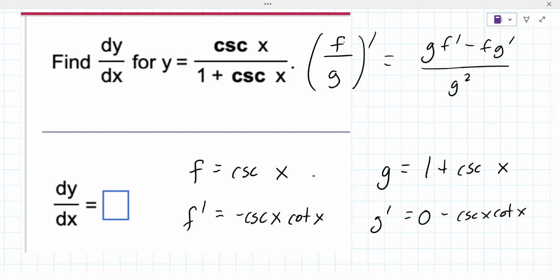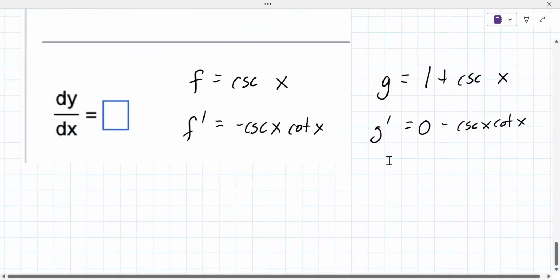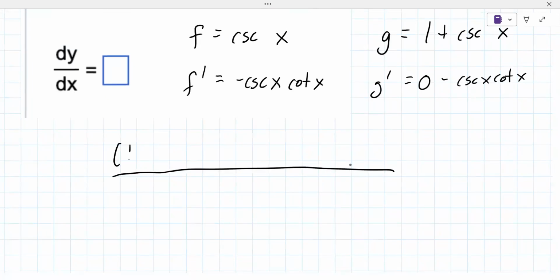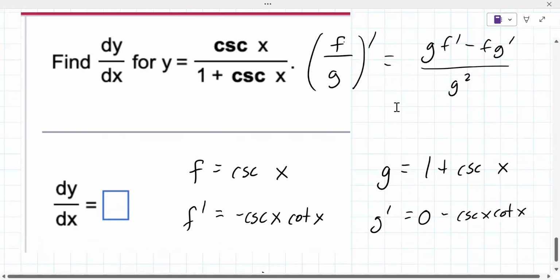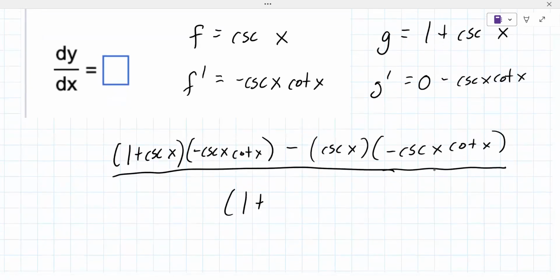So we have the bottom, 1 plus cosecant x, times the derivative of the top, which is minus cosecant x cotangent x, minus the top, cosecant x, times the derivative of the bottom, which is minus cosecant x cotangent x, all over the bottom squared, 1 plus cosecant x squared, like that.